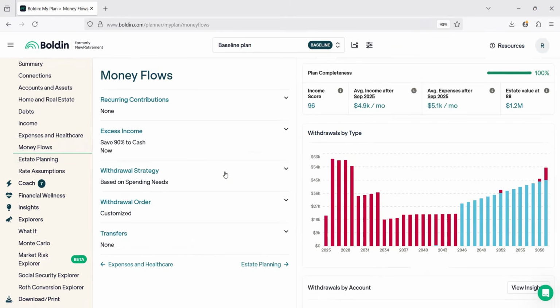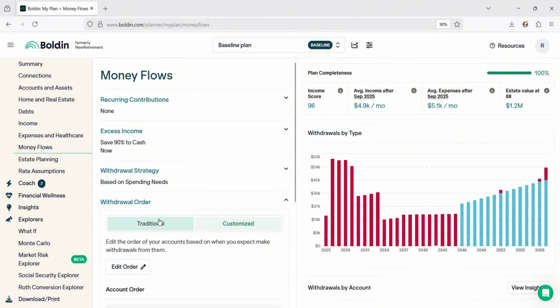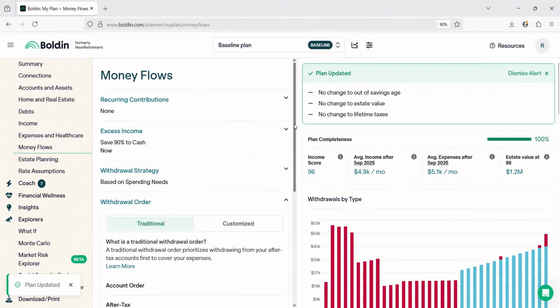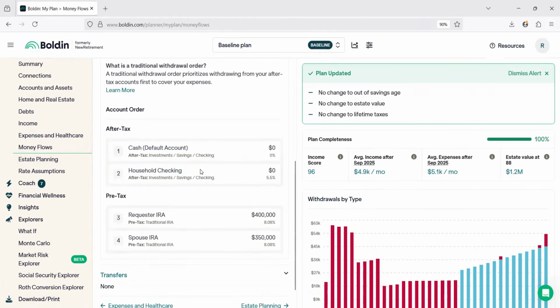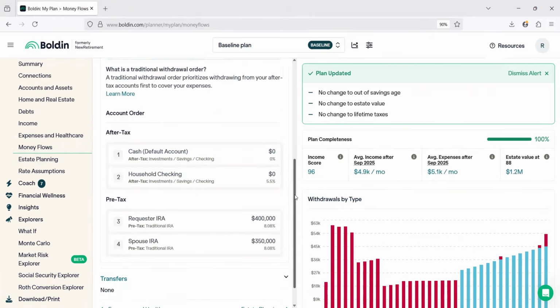Withdrawal strategy, I just have based on spending needs. Withdrawal order, I'm going to actually switch that to traditional. So it's going to use up anything in the cash account or household checking. And then it's going to go to the oldest individual's IRA and then to the youngest.